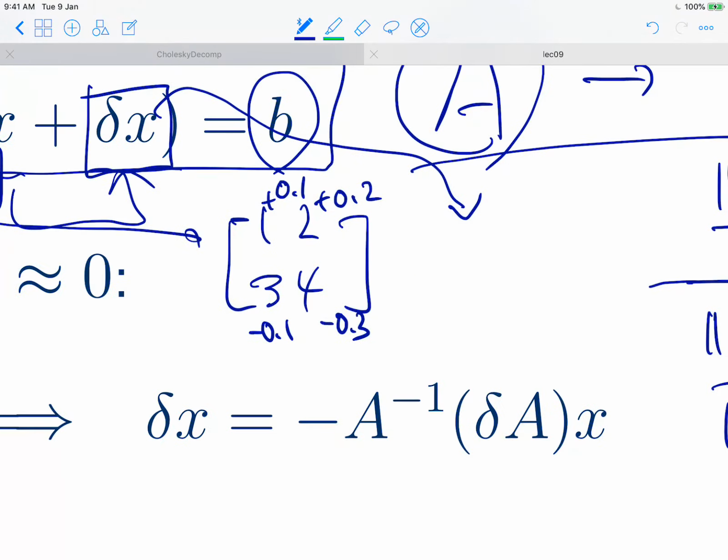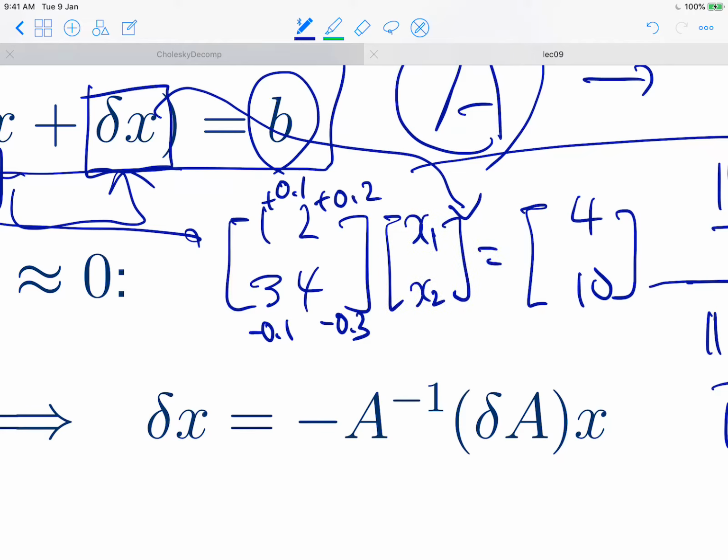In this particular example, the real scenario is like this. Now let's think of this linear system.